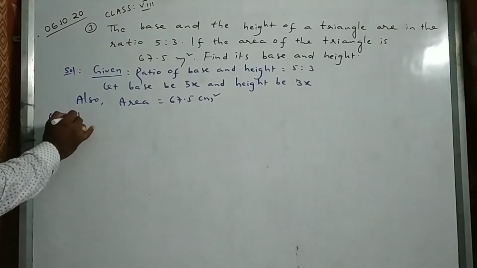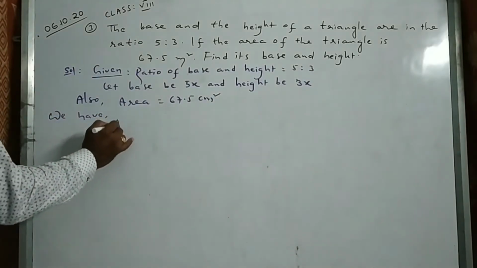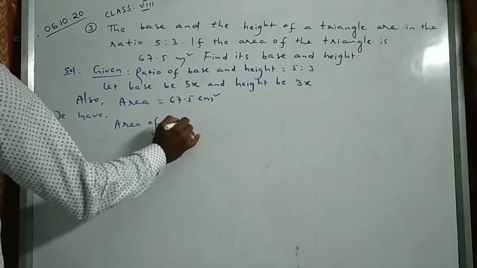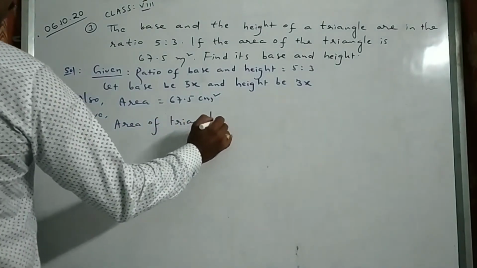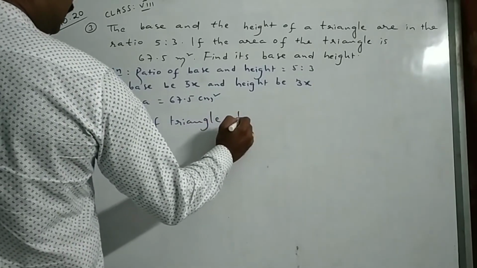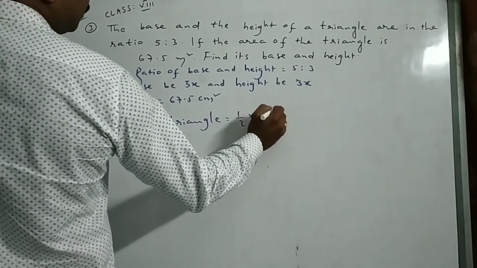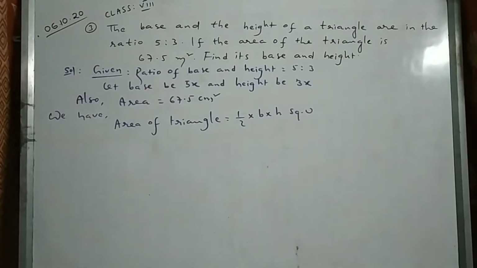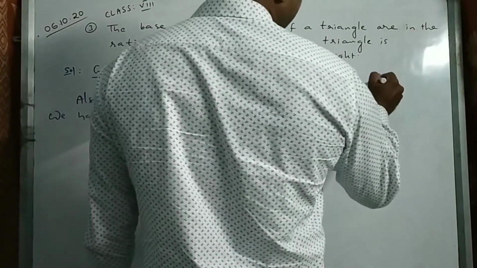What is the formula to find area of triangle? Already we have one formula. Area of triangle is equal to half into base into height, square units. You remember? Half into base into height.